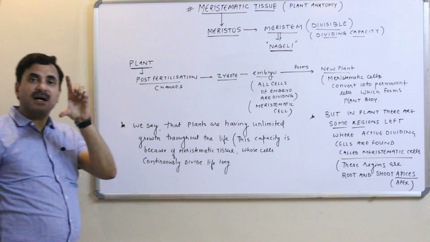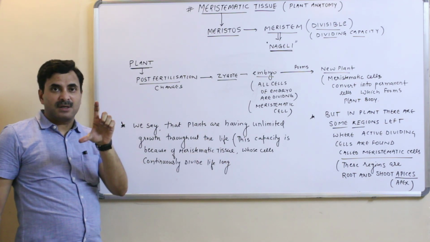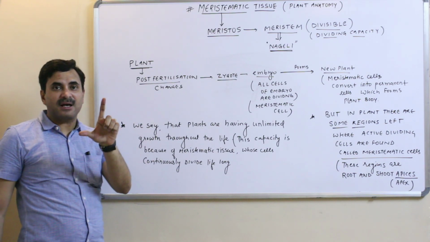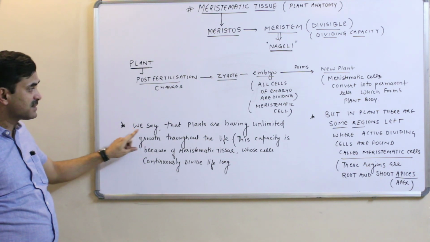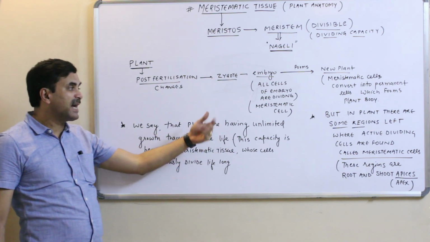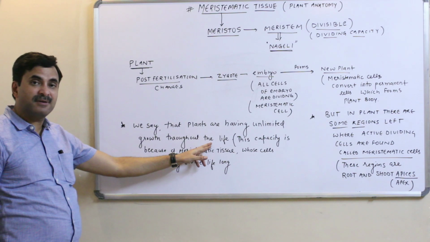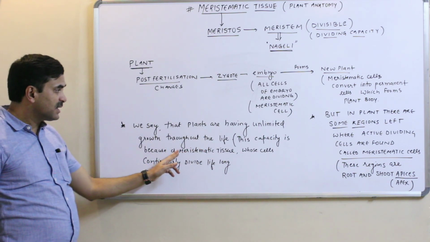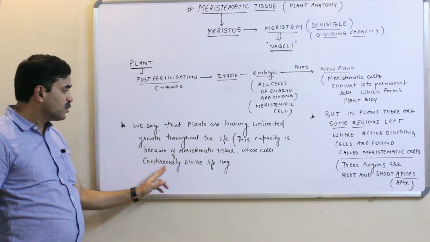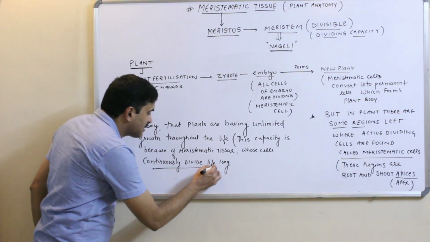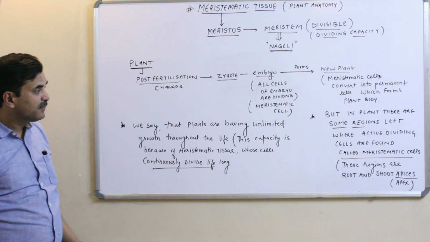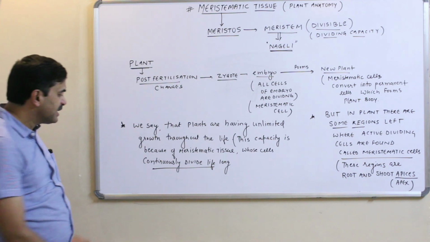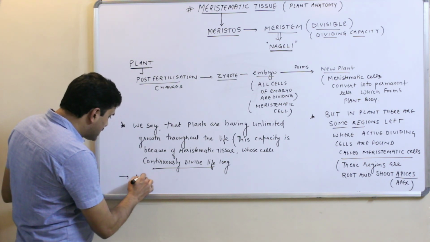Animals have limited growth. Their growth is restricted after a particular period, but this is not the case with plants. Plants have unlimited growth throughout life. This capacity is because of the meristematic tissue whose cells are always in continuous division. Clear?